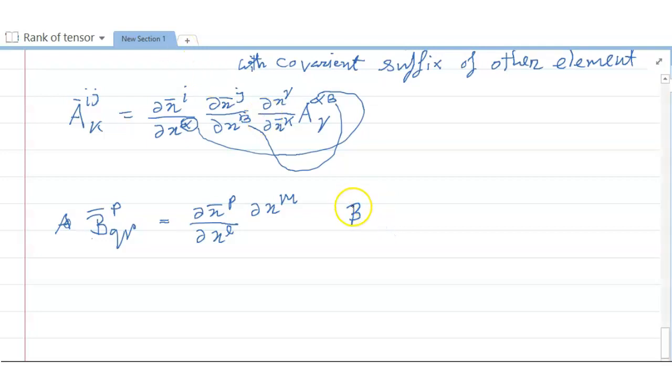I want to write it this way, this is l, because both are dummy.